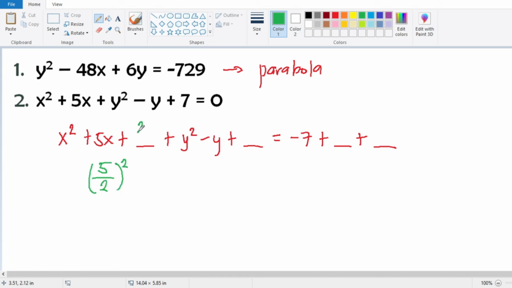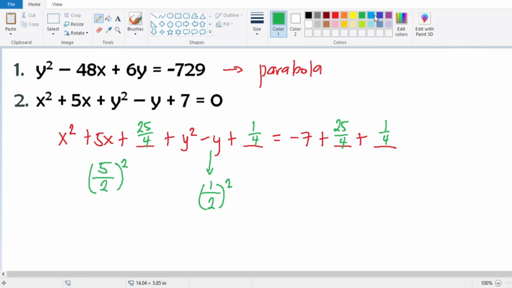So, which means then that this is 25 over 4. Dito naman, you have here 1 over 2. And then, you have to square that. So, you have 1/4. So, 1 over 4.